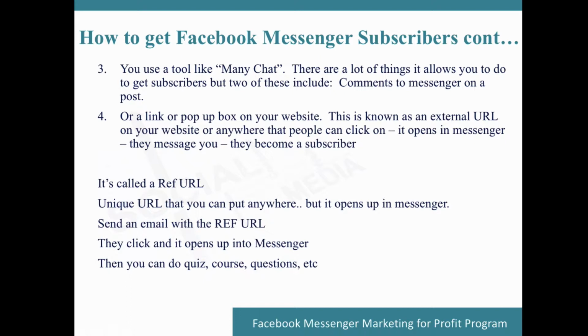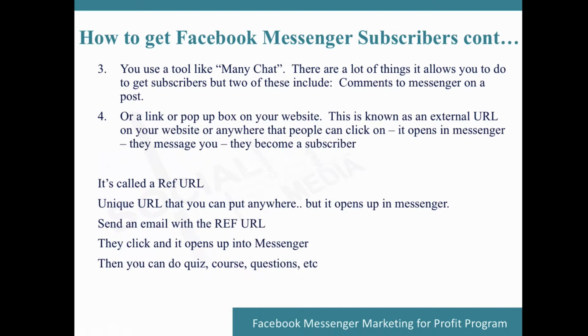The thing that we're going to do today is set up your very first chatbot. We don't want to overwhelm you straight away, we just want to make you aware of all the sorts of things that you can do. So in terms of having a pop-up box or a slider or a button on your website, you're all able to do it through what we call a ref URL. It's a unique URL that you can put anywhere, but it opens up inside Messenger.